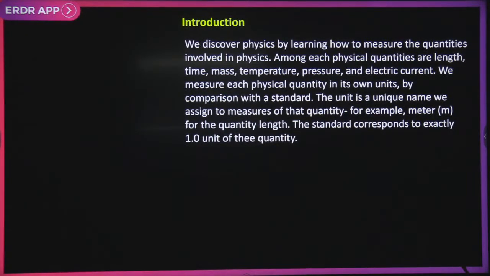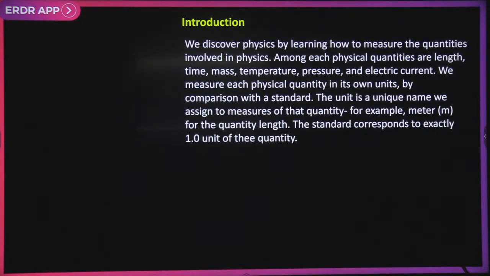We discover physics by learning how to measure the quantities involved in physics. Among the physical quantities are length, time, mass, temperature, pressure, and electric current. We measure each physical quantity in its own units by comparison with a standard. The unit is a unique name we assign to measures of that quantity.